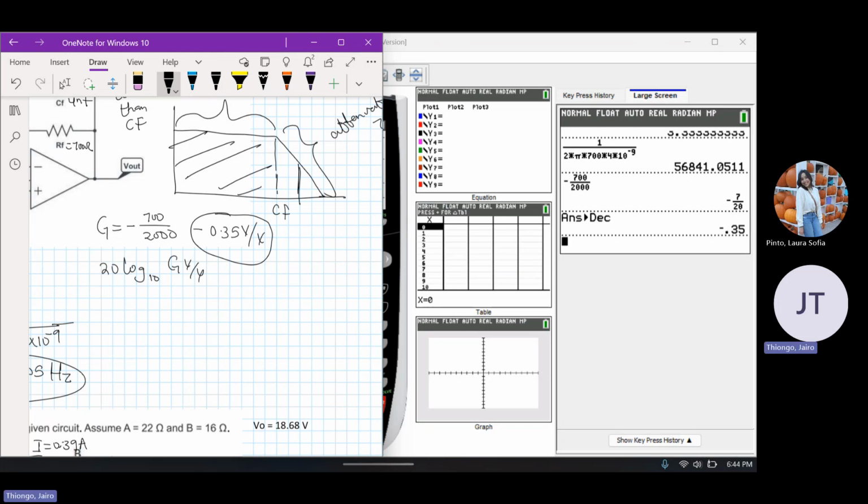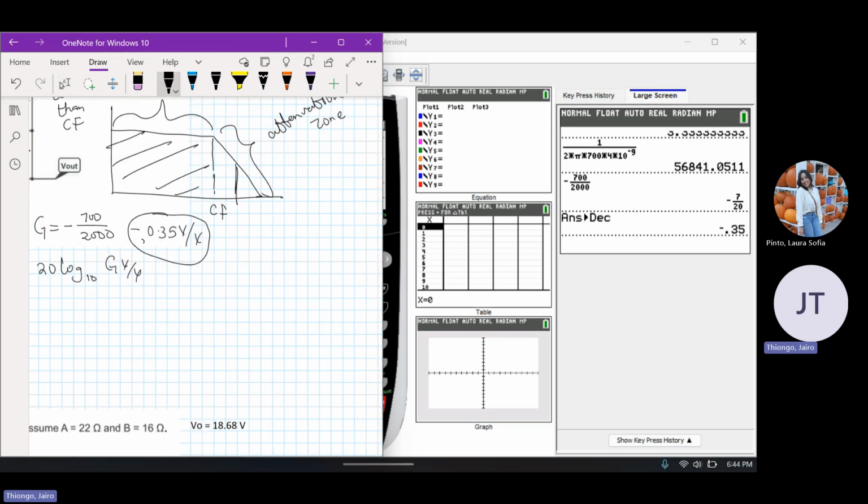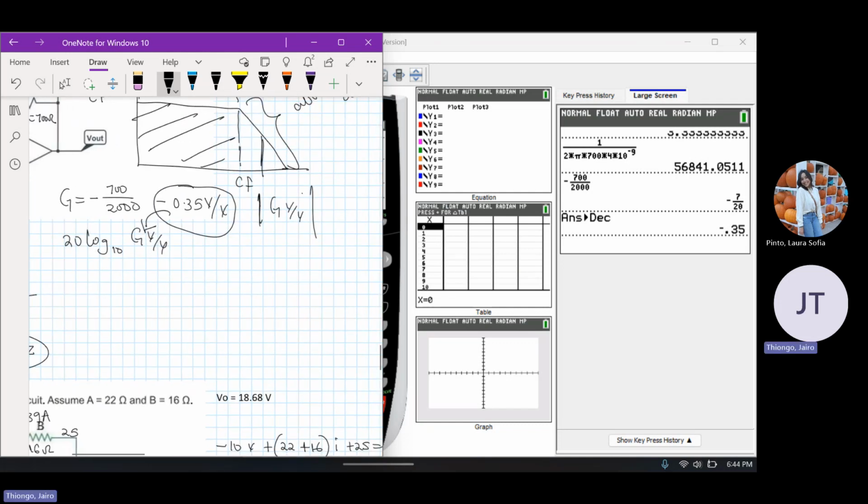If you do plug it in, you'll not get an answer. So once you find the gain this way, the value that goes in here is the value without the minus. It's essentially the magnitude of the gain in volts per volts, not the direction. So the magnitude is 0.35, so it'll be 20 log 10 of 0.35.